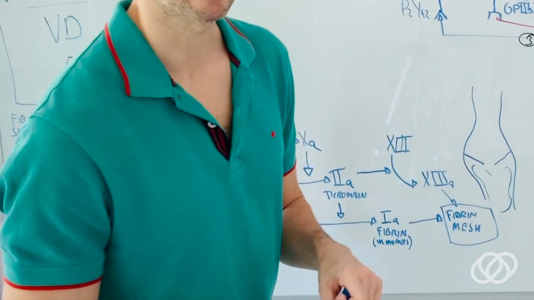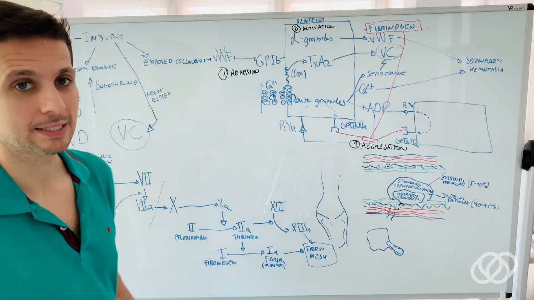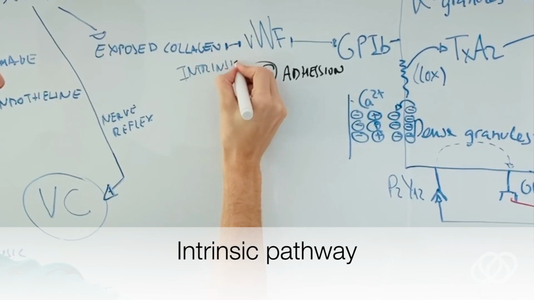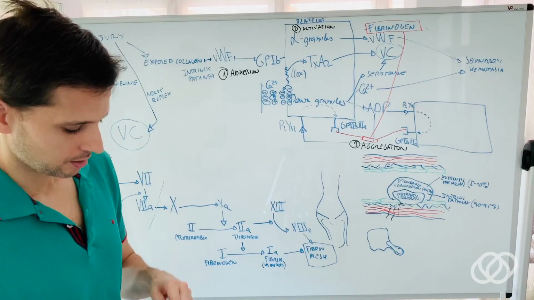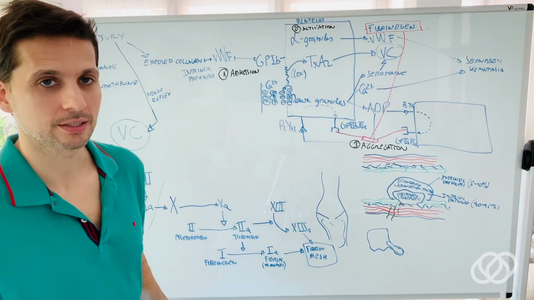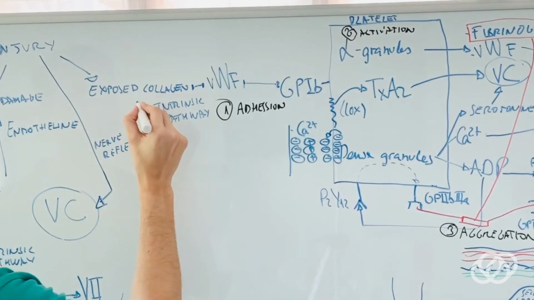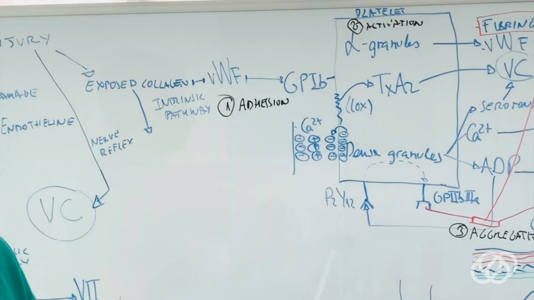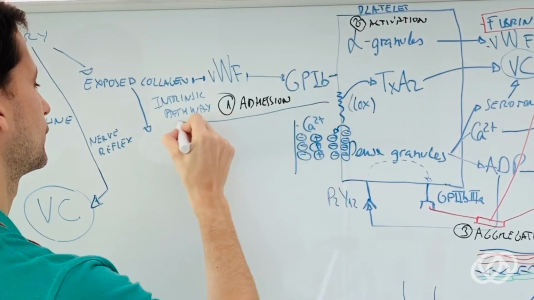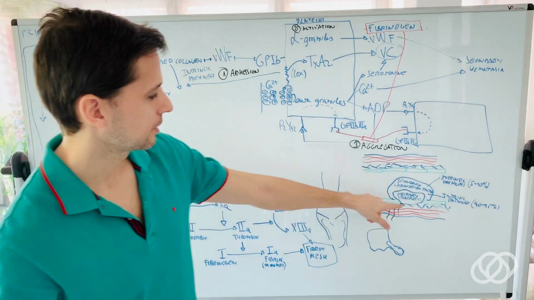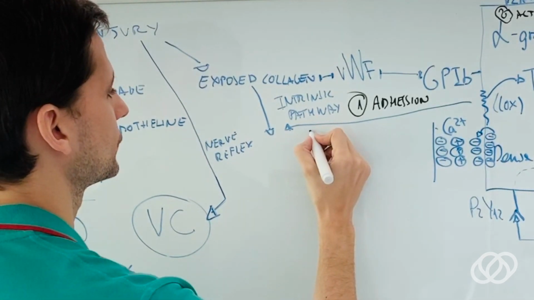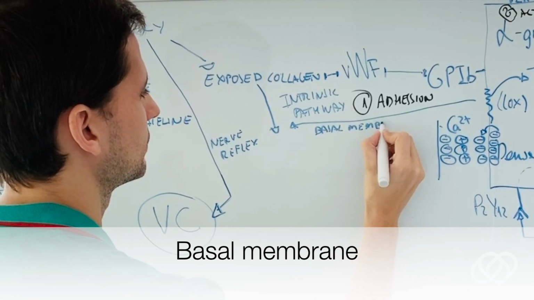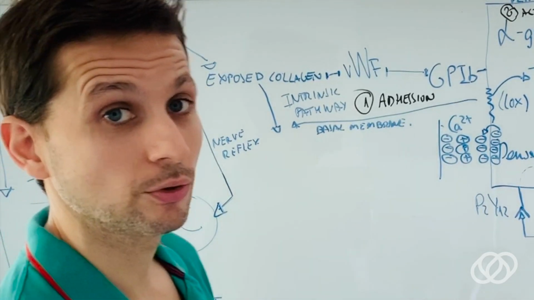But we have said that we have another pathway that is the intrinsic pathway. Which things can trigger this intrinsic pathway? Well, exposed collagen, also the platelets, and also the basal membrane that is below the endothelium.